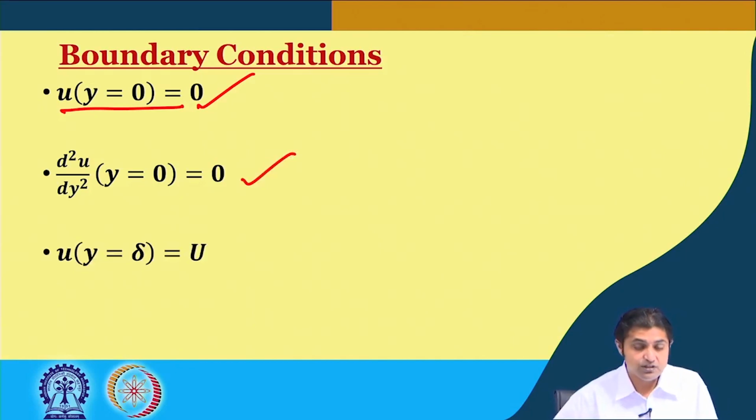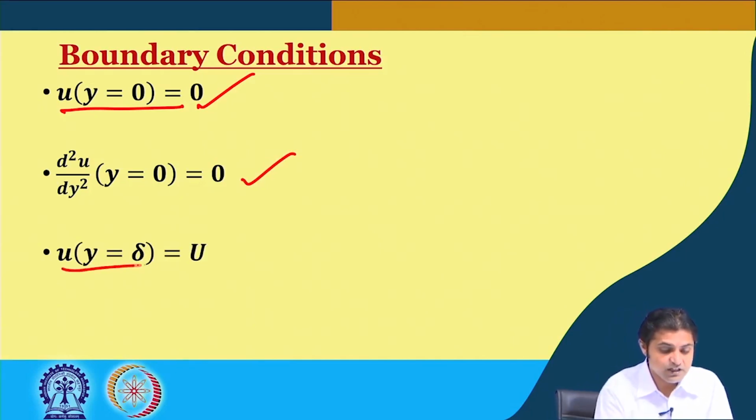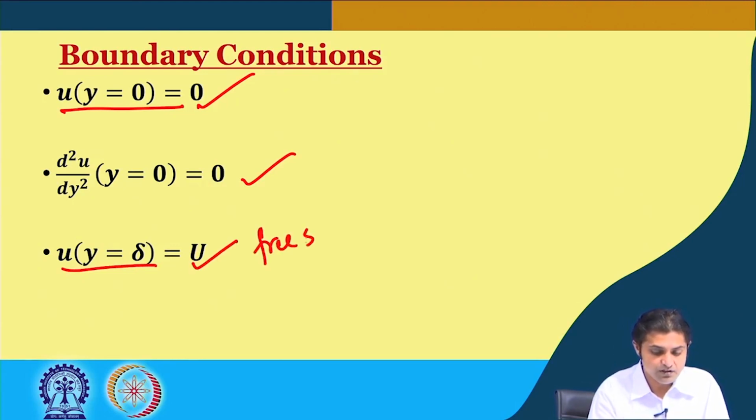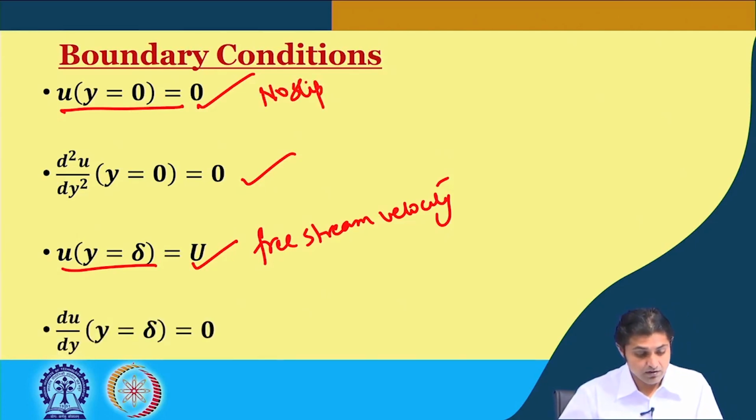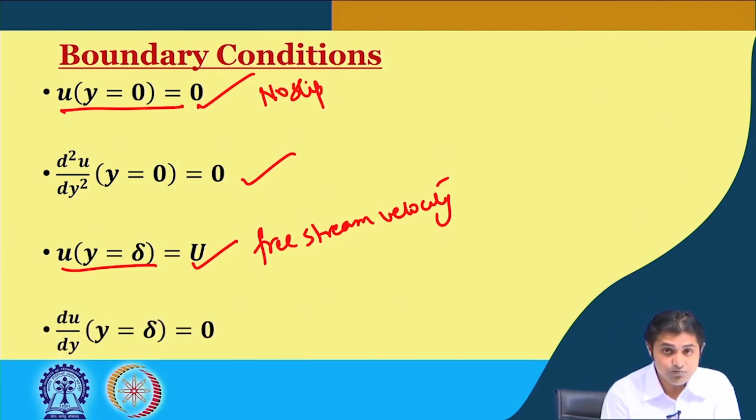Now, the third boundary condition is at the top of the boundary layer. This means that the velocity at the top of the boundary layer is the free stream velocity, and this is no slip, and the velocity gradient at the top of the boundary layer is going to be 0.